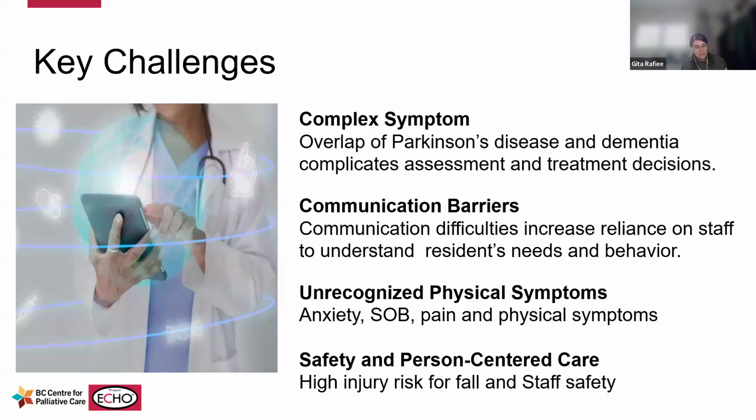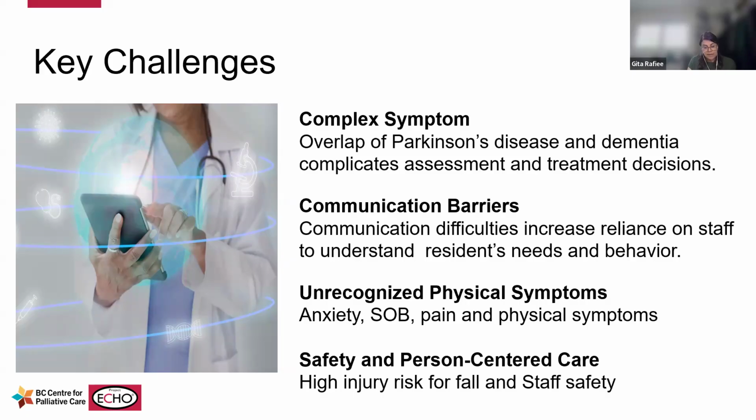So let's look at the key challenges for Mr. N. So first, having both Parkinson's disease and dementia makes care more complex. Second, the resident has difficulty talking and communicating. So this means he may not be able to clearly express his needs, including pain, and staff need to understand his behavior.